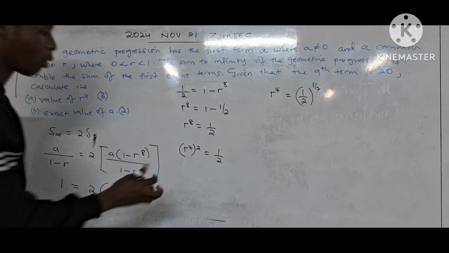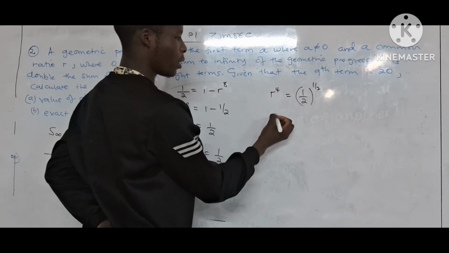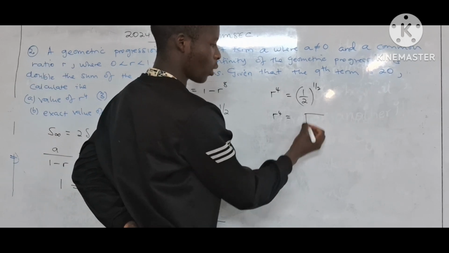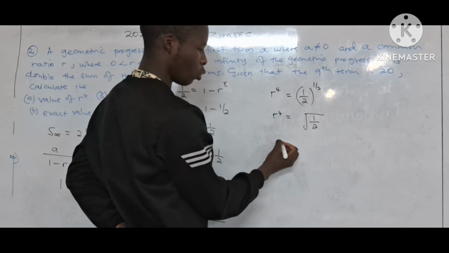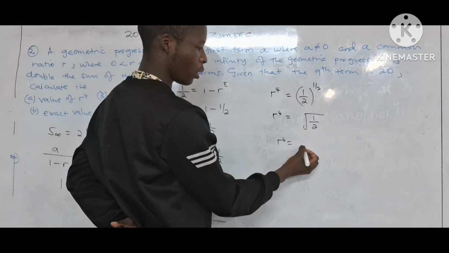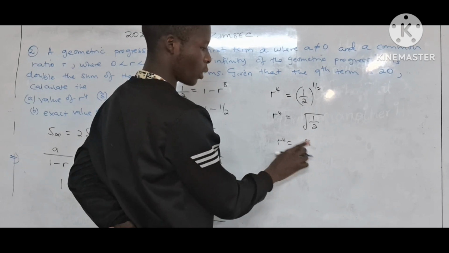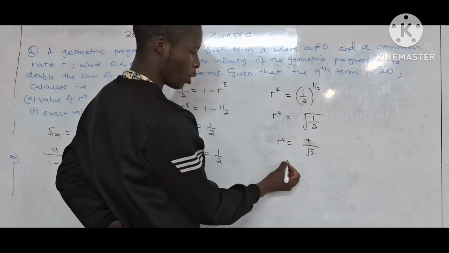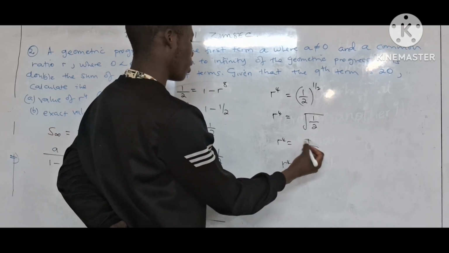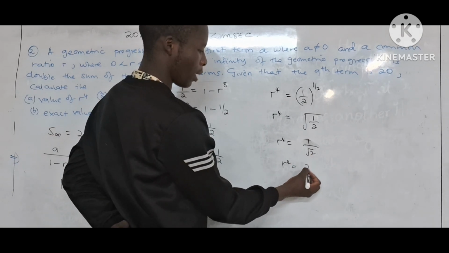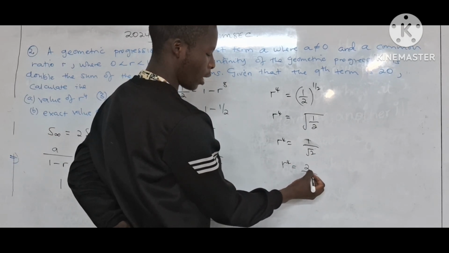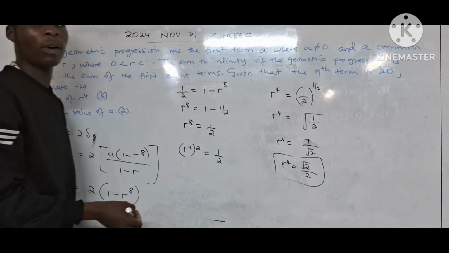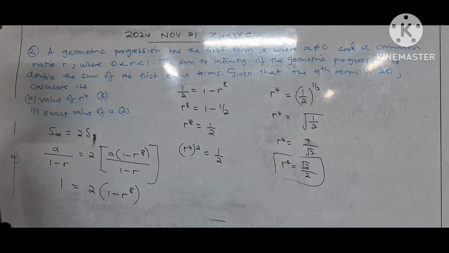R to the power 4 is equal to the square root of 1 by 2, which is 1 divided by root 2. Now R to the power 4 is nothing but root 2 by 2. This is the final answer.